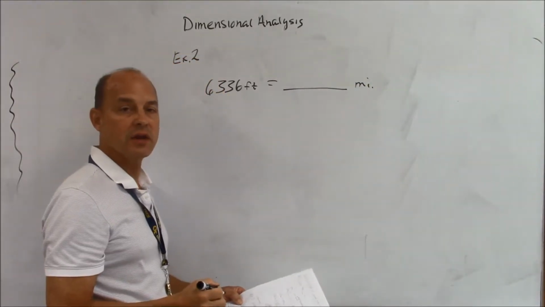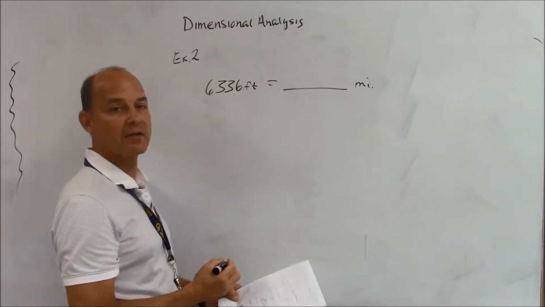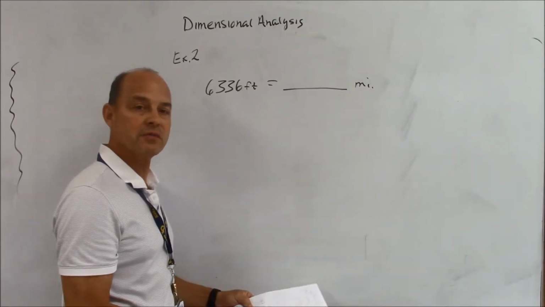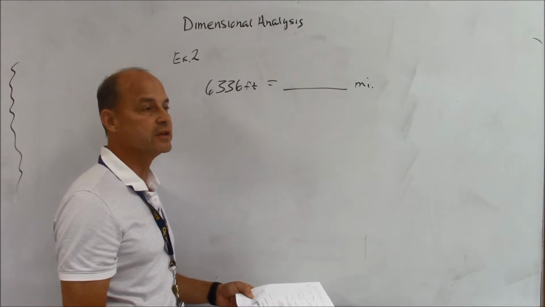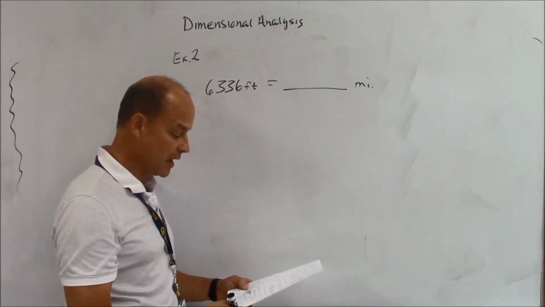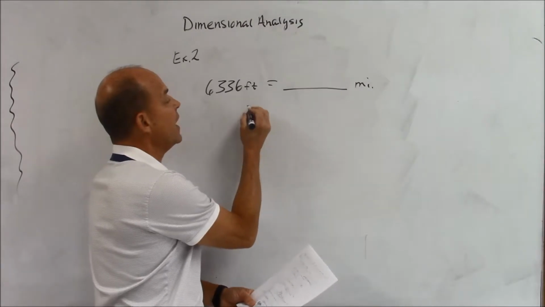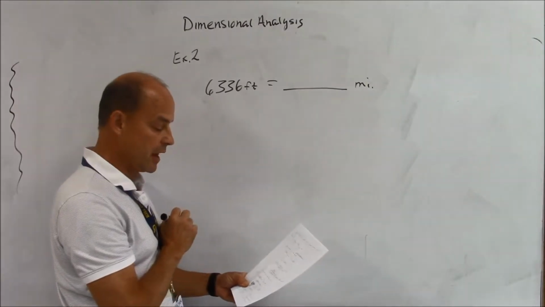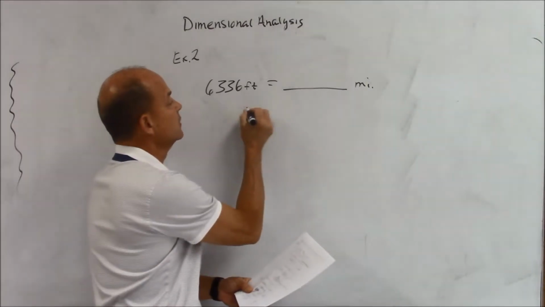Oh gosh, you would need a conversion factor to do that, right? And in order to get a conversion factor, you would need some sort of equivalent. So you would have to commit to memory, or you would be told somewhere along the line, that there are 5,280 feet in a mile.